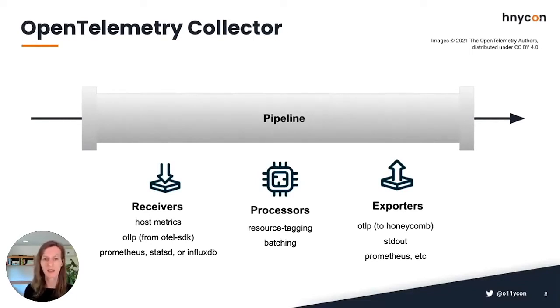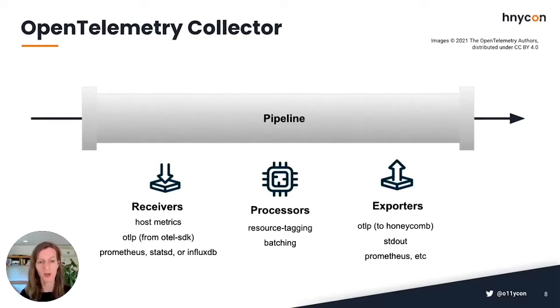Some common metrics receivers include the host metrics receiver, which is what we were using to collect those CPU and memory graphs we saw earlier, or the OTLP receiver, which can receive OpenTelemetry metrics from other sources, like runtime metrics from an instrumented app. There's also receivers for common metrics protocols.